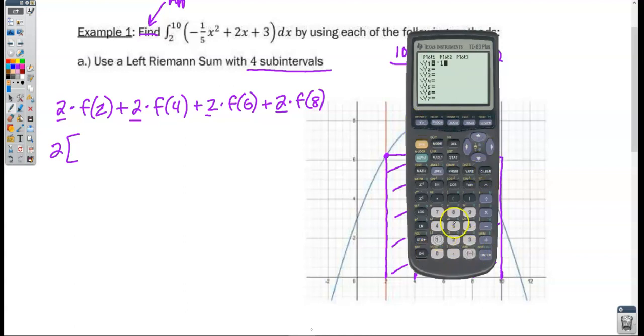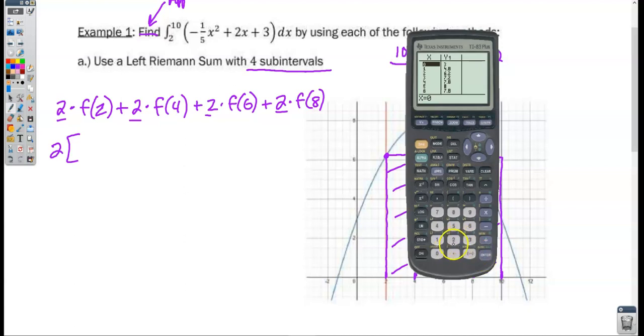One of the easiest ways I can do this is I can go ahead and type this function into my y equals screen and set up my table to ask me for my independent variable.